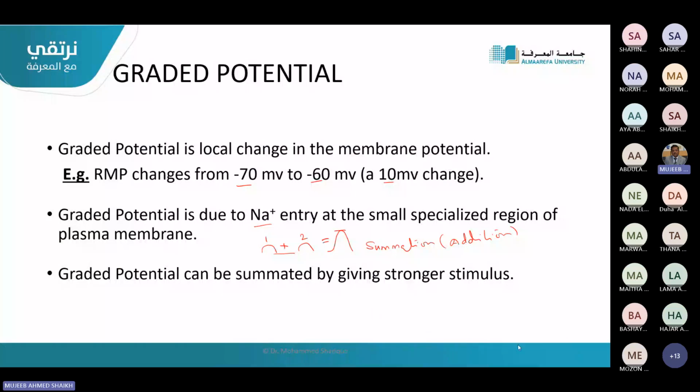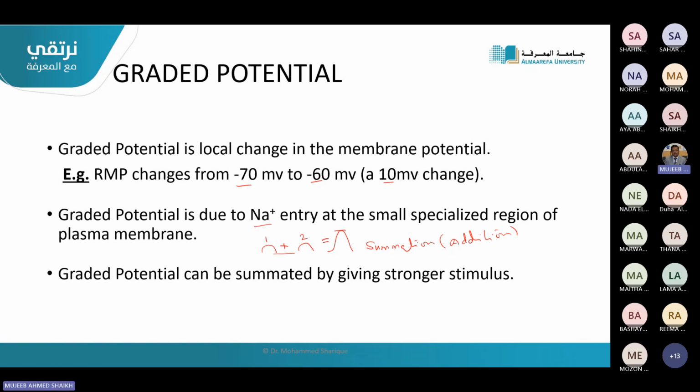Can you see now? Yes. Let me make it full screen. Can you see the graded potential slide now?